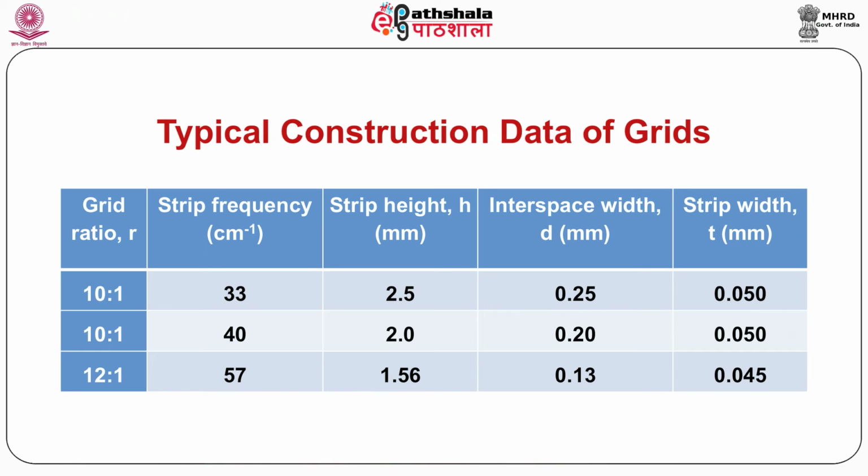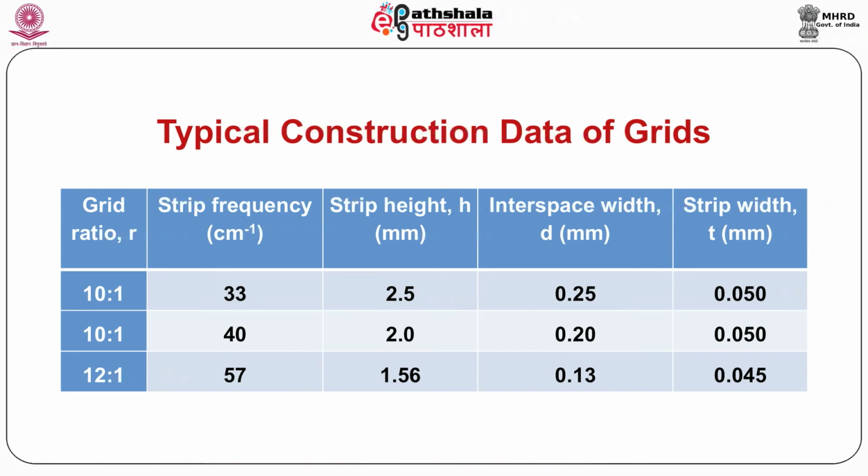So typically for a 10:1 grid, the strip frequency is 33 or even it can be 40. The strip height is 2.5 or 2. Interspace width is 0.25 and 2, and the strip width is 0.05 in both cases.